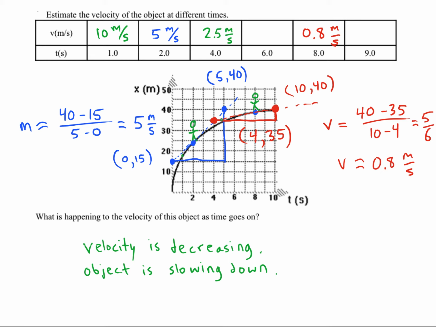At t equals 6, perhaps 1 or maybe 1.5 meters per second. Then at 9, we're almost flat, so maybe around 0.2 meters per second. Now these are just estimates. It's not expected to be perfect here, but those would be reasonable guesses.